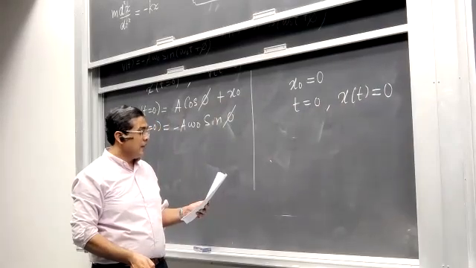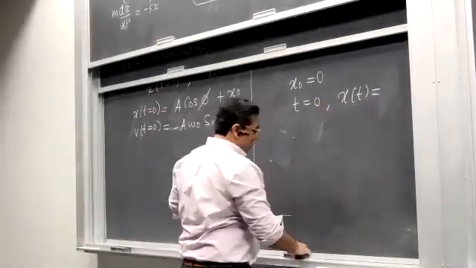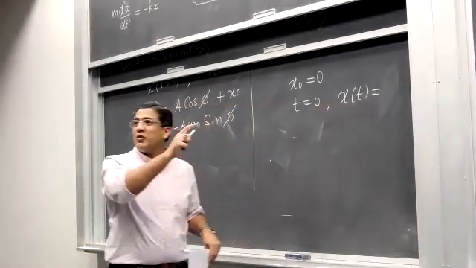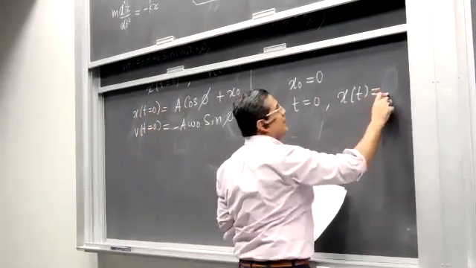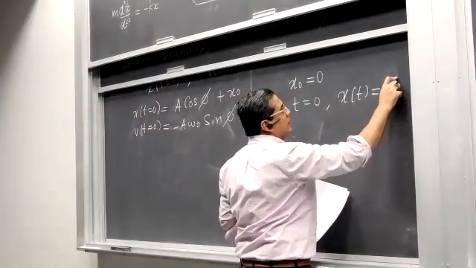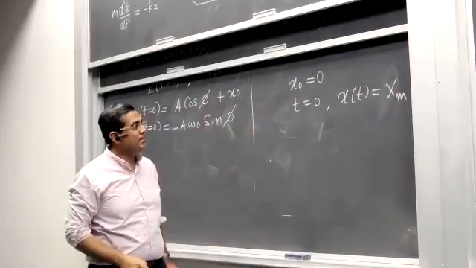Or no, sorry, let's make this one like this. So you say at time t equal to 0, you are at the rightmost point, and let's call it x max or xm.